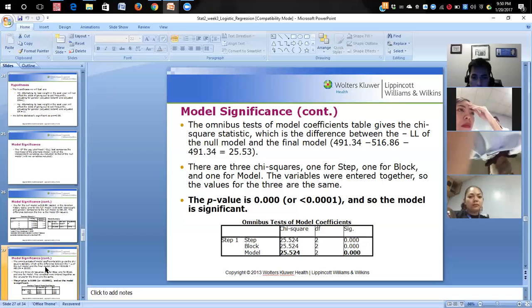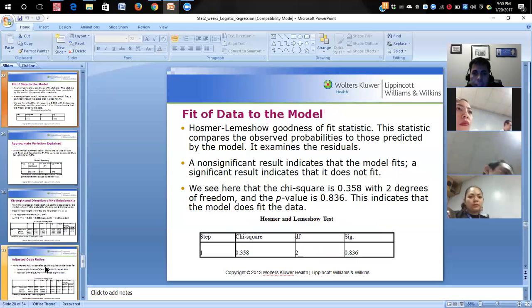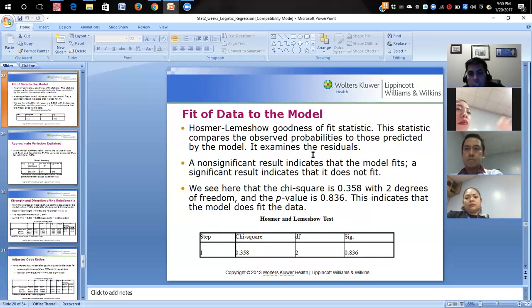The next output that you will see in SPSS is the fit of data to the model. This is the Hosmer-Lemeshow goodness of fit statistic. This statistic compares the observed probabilities to those predicted by the model, and it also examines the residuals. Non-significant results indicate that the model fits. So right here, this is non-significant because it's greater than 0.05.